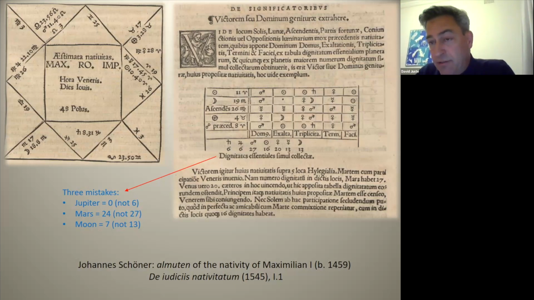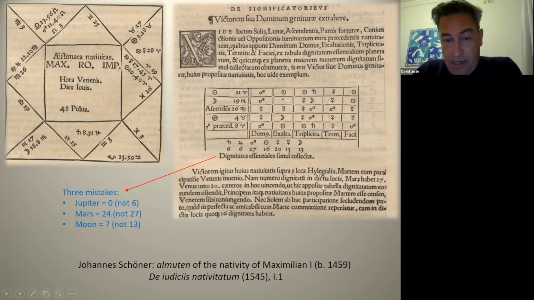Now we might think that actually these are not mistakes, but perhaps adjustments due to some additional factors that we are not told about. But this is certainly not the case, because he speaks about those factors nowhere around this calculation. It is not a printing mistake, because, for example, the degree of Mars is repeated here in the text. So these are mistakes.